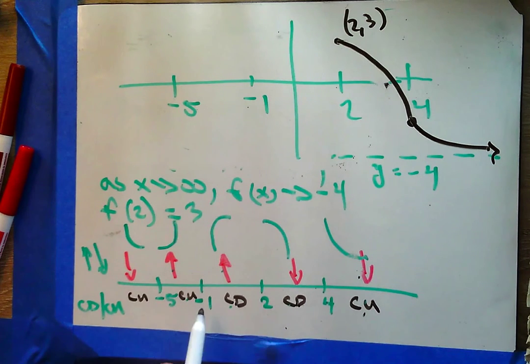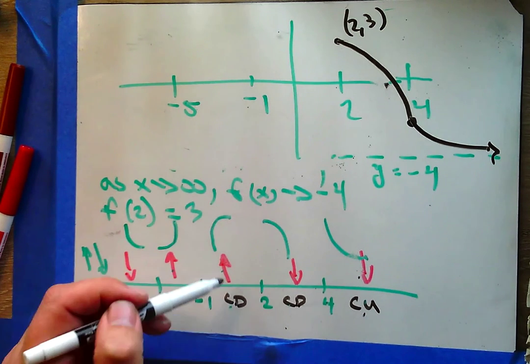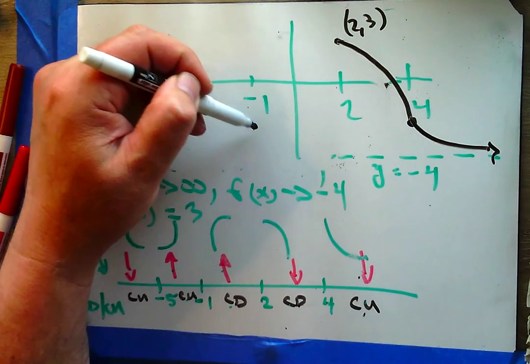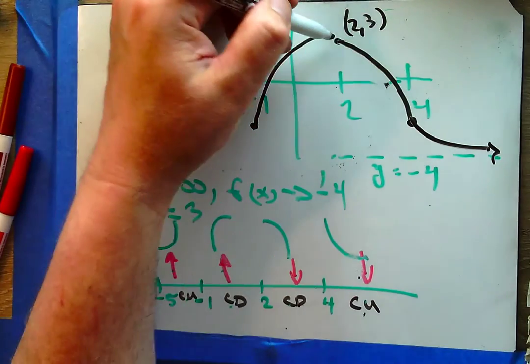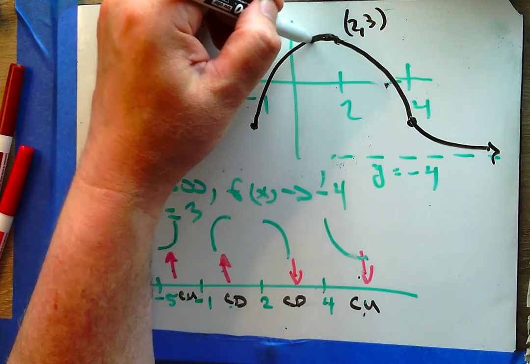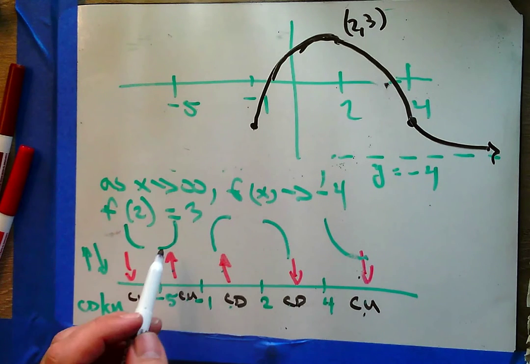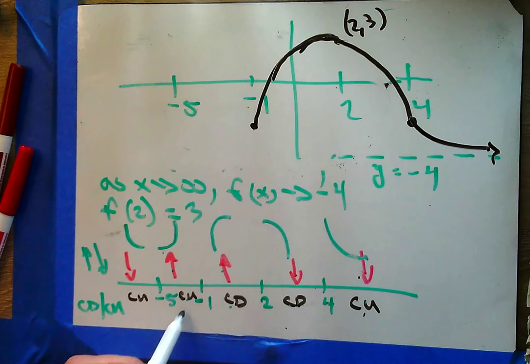Before 2, from negative 1 to 2, I'm increasing and concave down. All right, what about from negative 5 to negative 1? It seems as though I'm increasing and concave up.